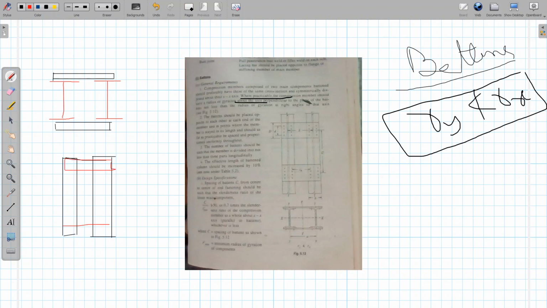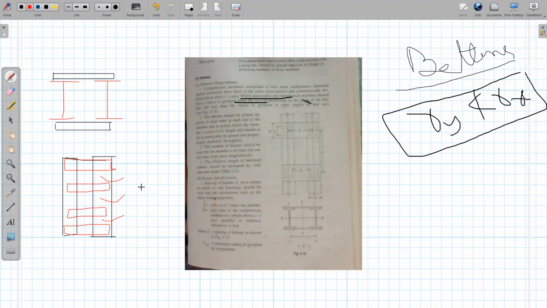The guideline says it should not be less than 3 parts longitudinally. So how many battens are to be provided? A minimum of 4 battens. How many parts? 1 part, 2 part, 3 part. It should not be less than 3 parts. That means a minimum of 4 battens, including the end battens. It can be more than that depending on the requirements. So that is the third guideline.